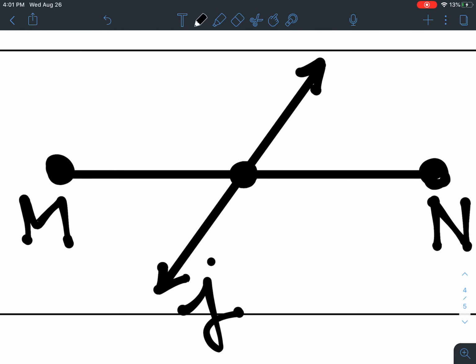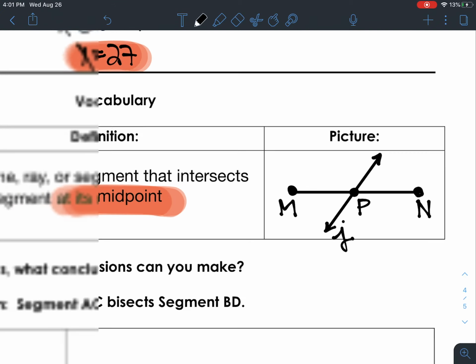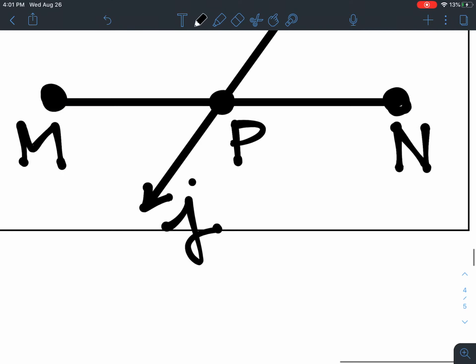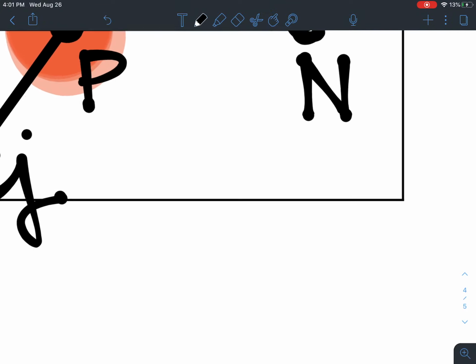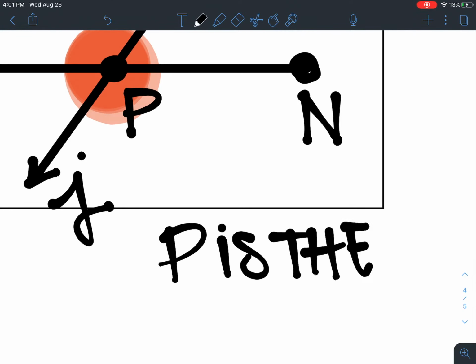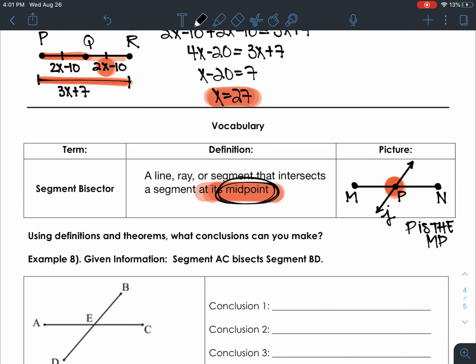And let's go ahead and put that intersection point as P. So if I'm told that line J bisects segment MN, what that means is that it bisects it at its midpoint. So what does that mean? That means then that this intersection point right here has to be the midpoint. All right, that is my first conclusion from this picture, that P is the midpoint. Okay? So let's apply that now.